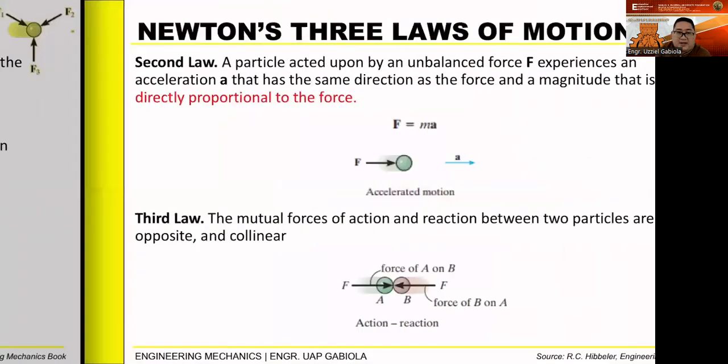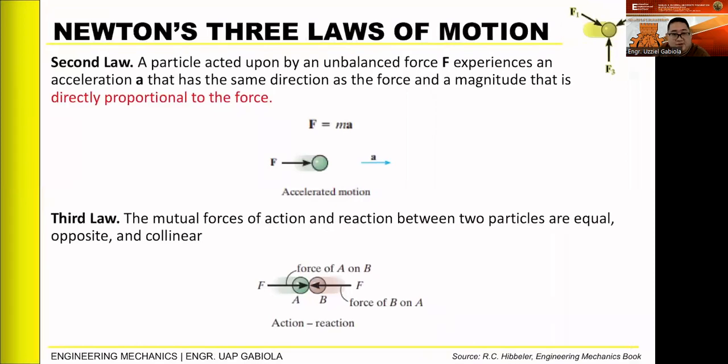And this is where the second law and the third law come in, no? So in the second law, a particle acted on by an unbalanced force. That means the first law is no longer applicable, since there is now an unbalanced force, meaning there is a force that is no longer opposed. So the tendency is to move from one direction to another. So when an unbalanced force F is applied, the particle experiences an acceleration A that has the same direction as the force and a magnitude that is directly proportional to the force.